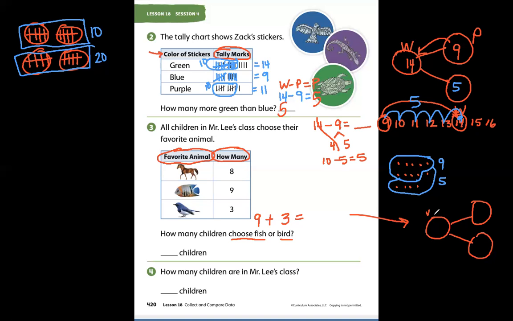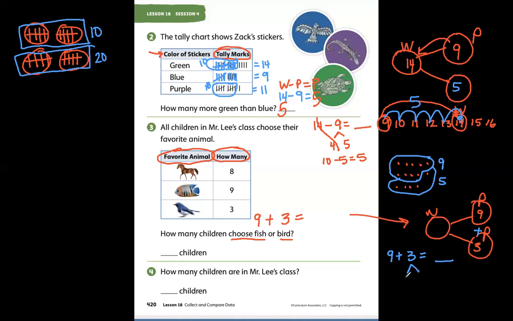I have a whole here, a part, and a part. I know that I can put 9 as a part and 3 as a part. And I know that I can add the two parts together. A part plus a part equals the whole, right? So 9 plus 3 equals blank.